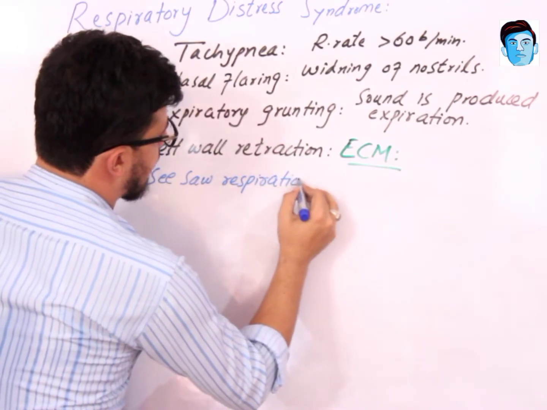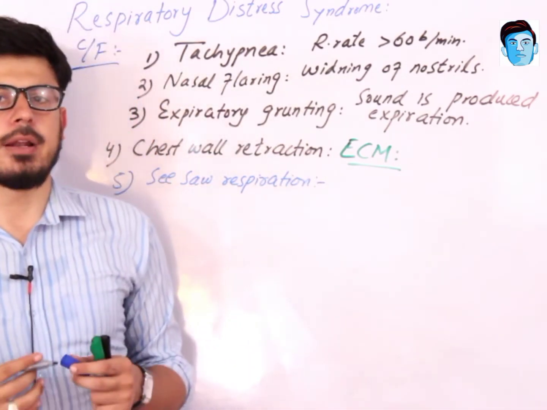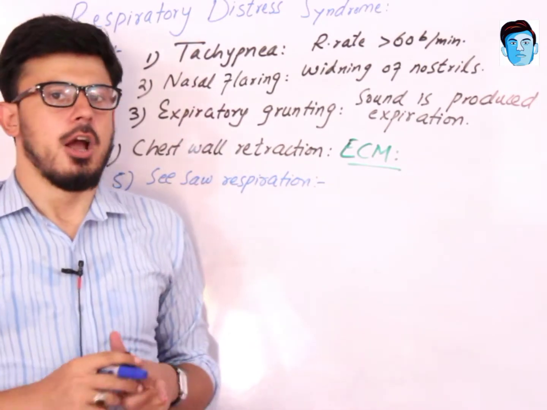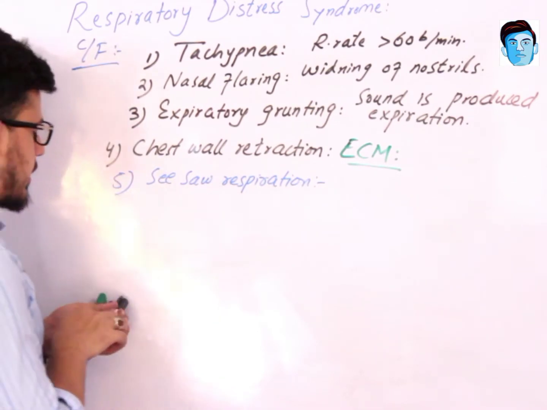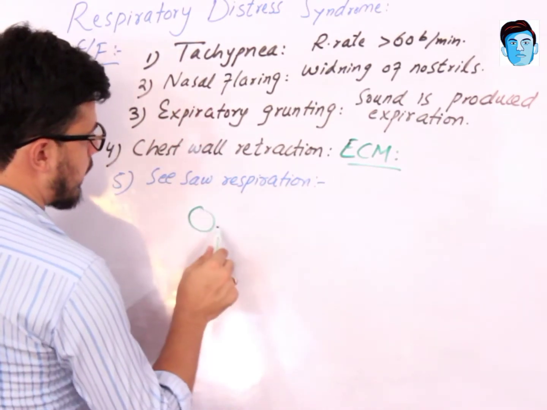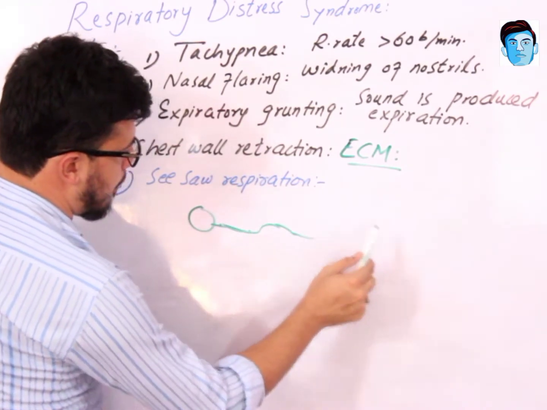Seesaw respiration means normally in respiration the chest and abdomen rise simultaneously. But what happens in seesaw respiration? Let's say this is the chest of the patient, and this is the abdomen of the patient.